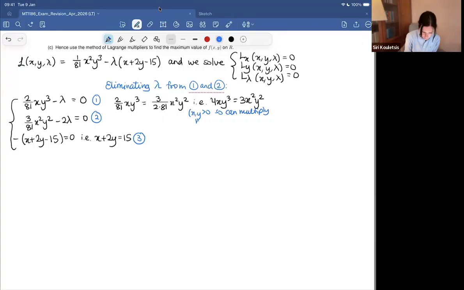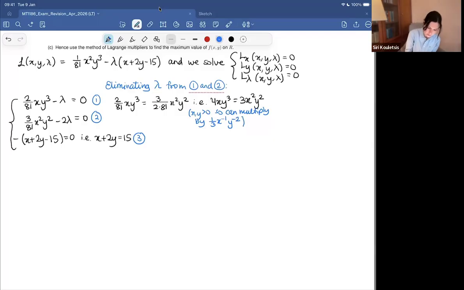So I'm just writing a note here. Let's see what I want to do. Depending on where I want to keep the fraction here, I can multiply by 1/3 and then x to the -1, which is the same as dividing by x, and then y to the power of -2, same as dividing by y squared.